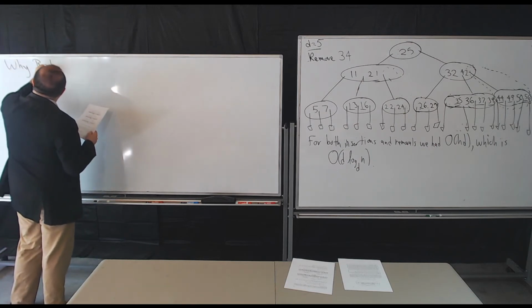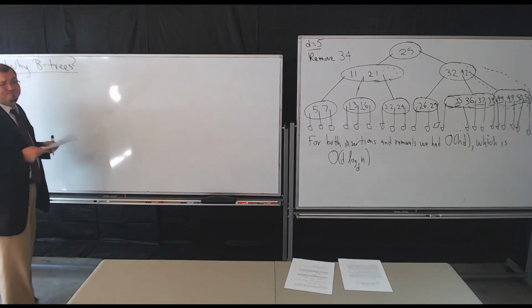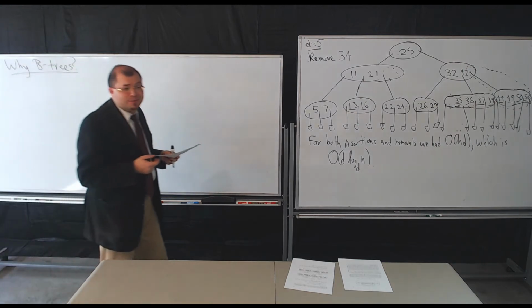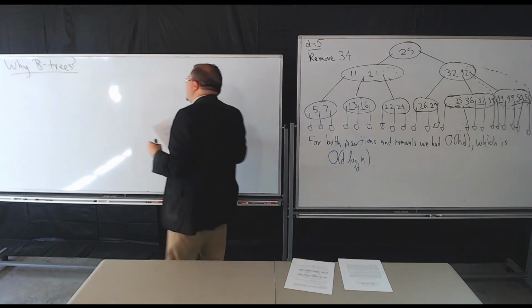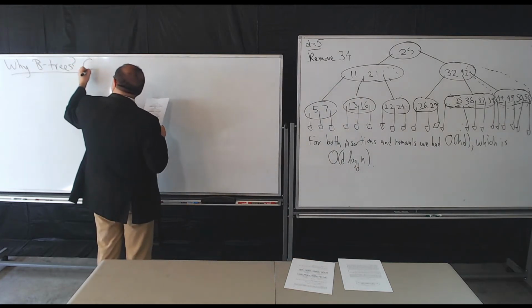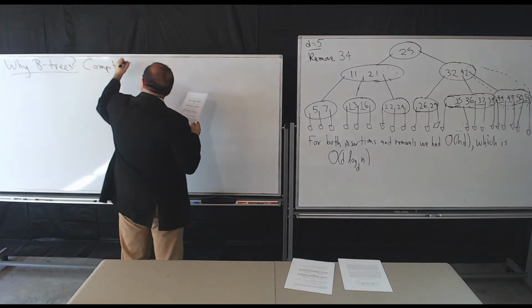So why B trees? Heck, why is it even called a B tree? I guess we'll find out. At least one speculated reason why they're called B trees. So the big thing I want to point out to you is that computers have a memory hierarchy.